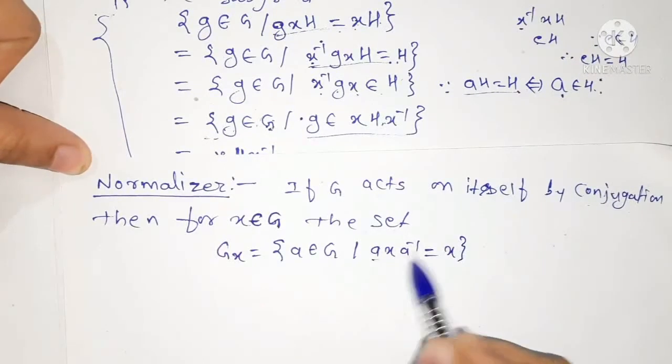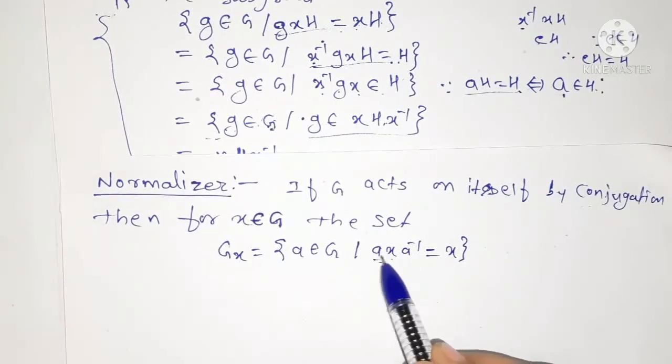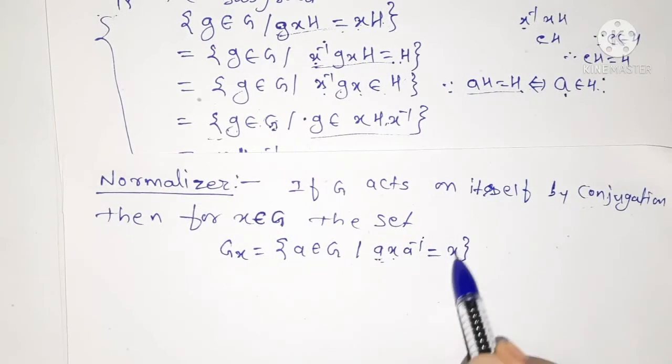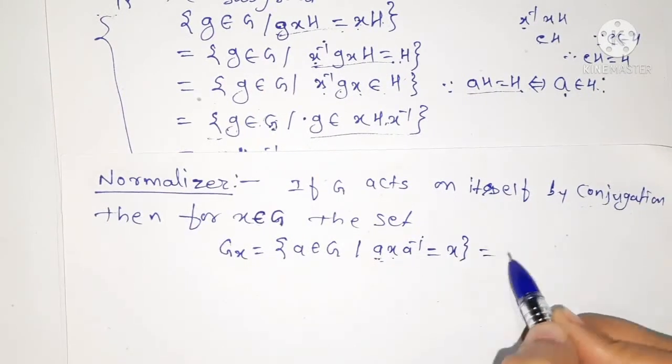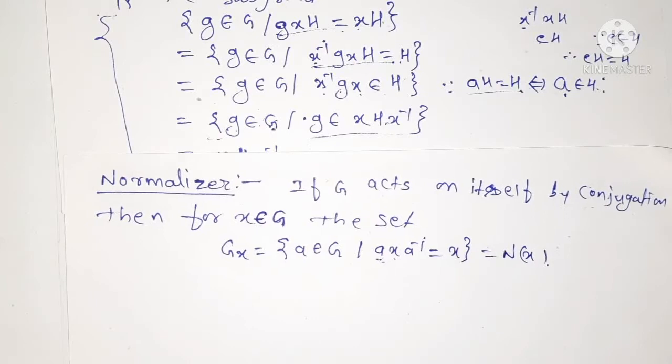That is our conjugation defined on the G-set. We call this set the normalizer of x.